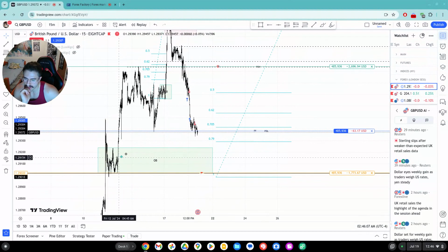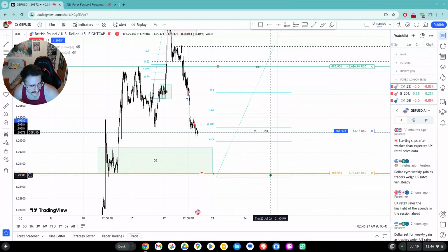It could go down to this order block, sure, but this wick, look, a lot of support, and it bounced again around this area. So I guess I'm not really going with the trend now. That was a very impulsive thing for me to just get in there right now, actually.